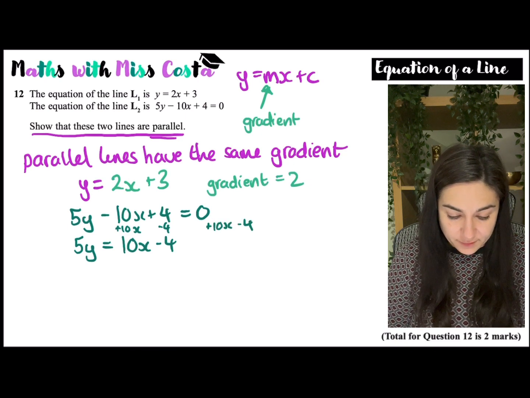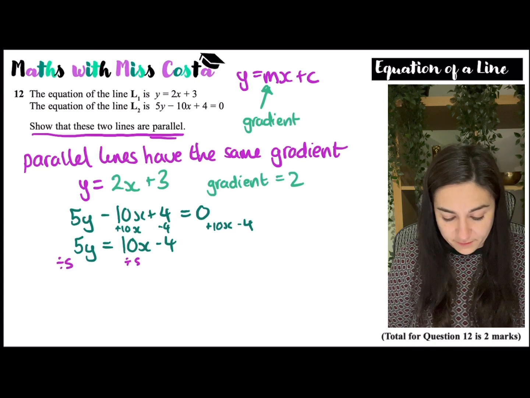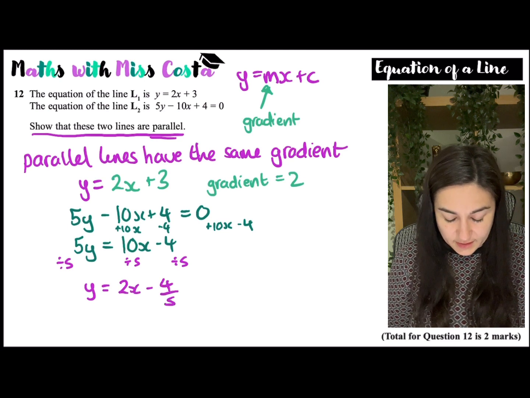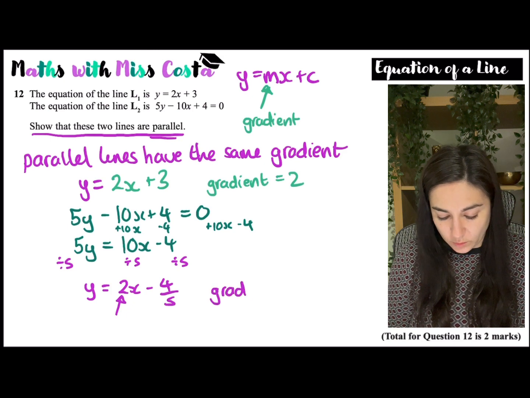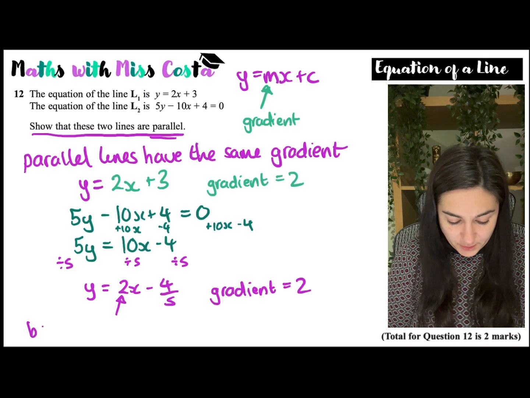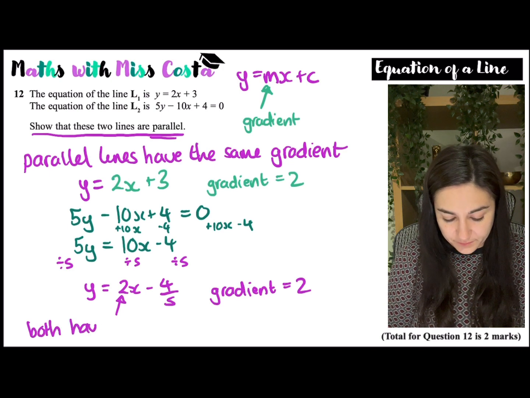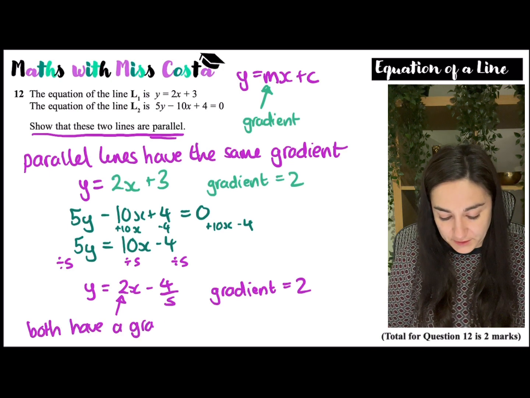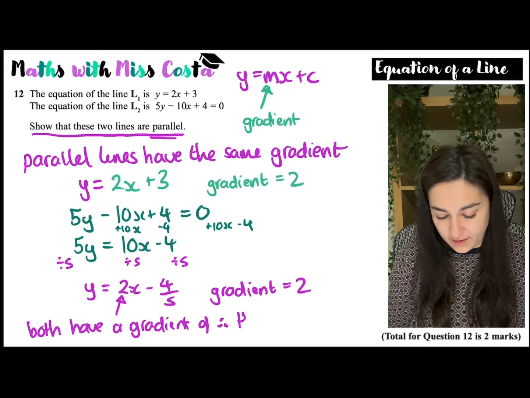And now to get it in the form y equals, I'm going to need to divide each part by 5. So y equals 2x minus 4/5, which means that the gradient of line 2 is also 2. So both have a gradient of 2, therefore they are parallel.